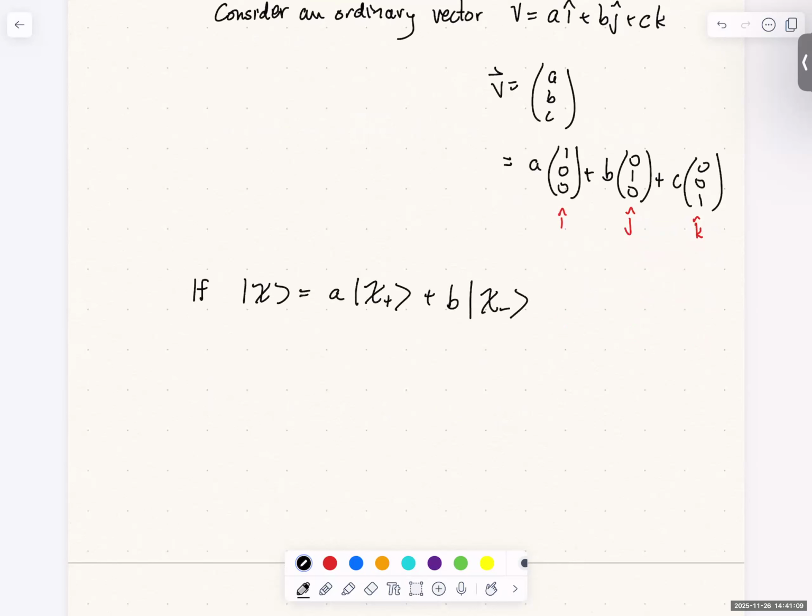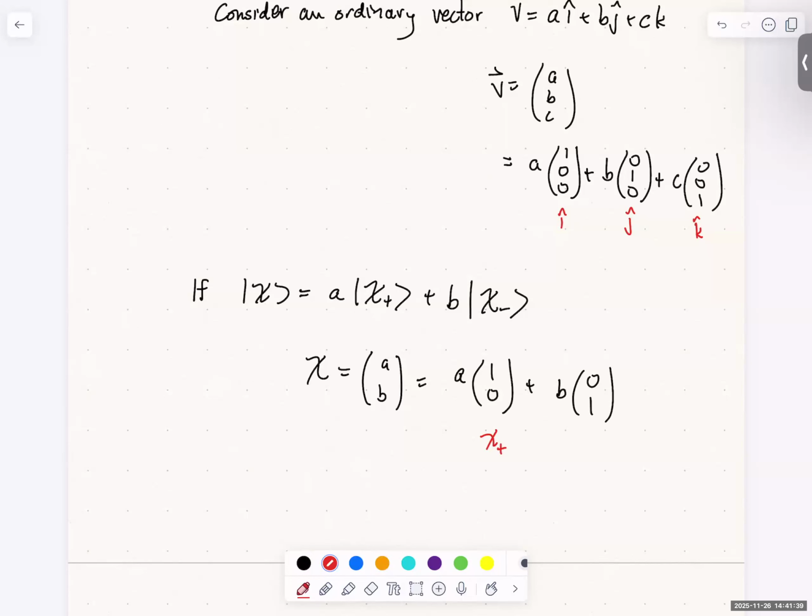So then I could write my spin state as a column vector, a, b. Or if I expand it out, I could write this as a times (1, 0) plus b times (0, 1), where (1, 0) is my chi plus spin state.